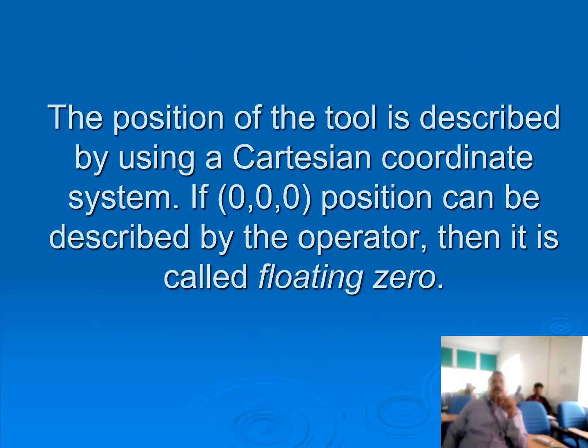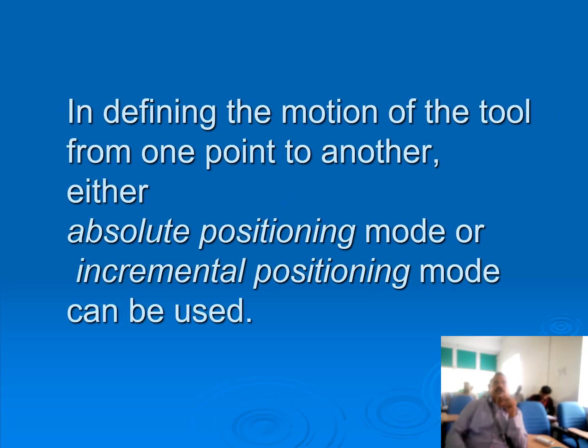The position of the tool is described by using a Cartesian coordinate system. If the 0, 0, 0 position can be defined by the operator, then it is called floating zero. In defining the motion of the tool from one point to another, either absolute positioning mode or incremental positioning mode can be used.